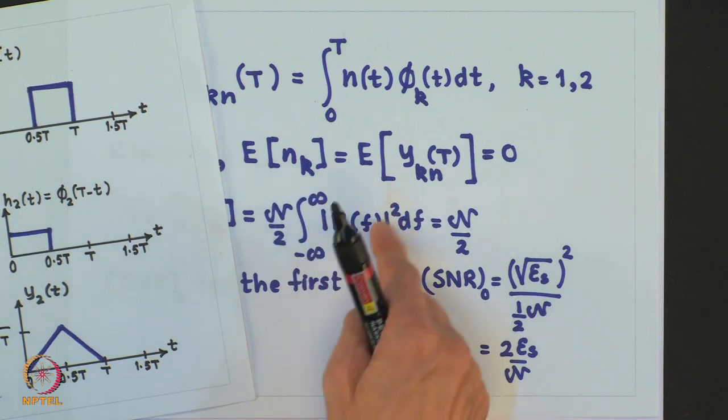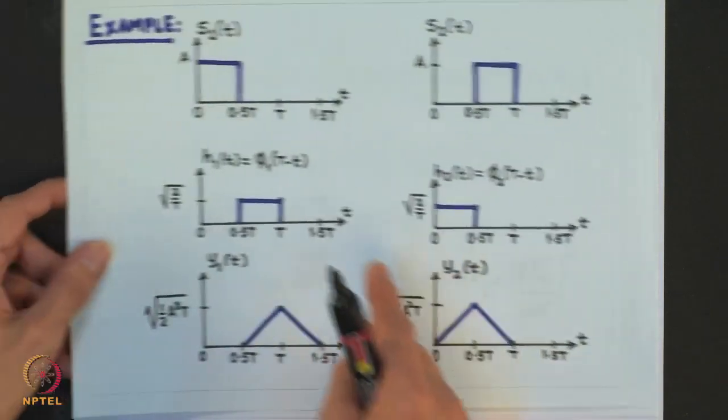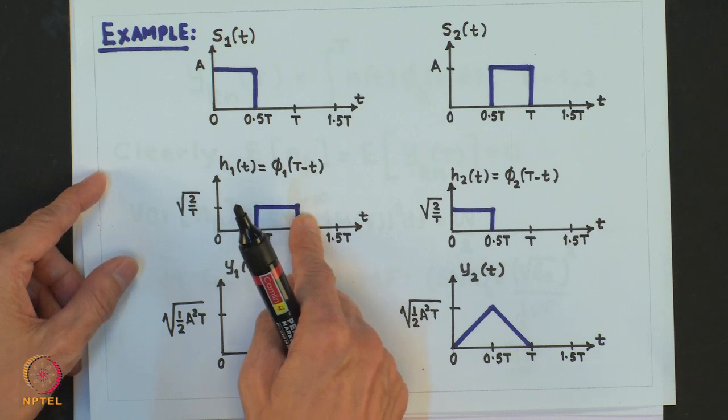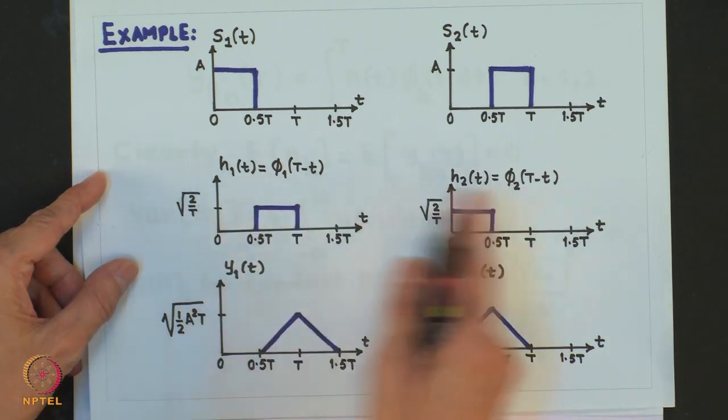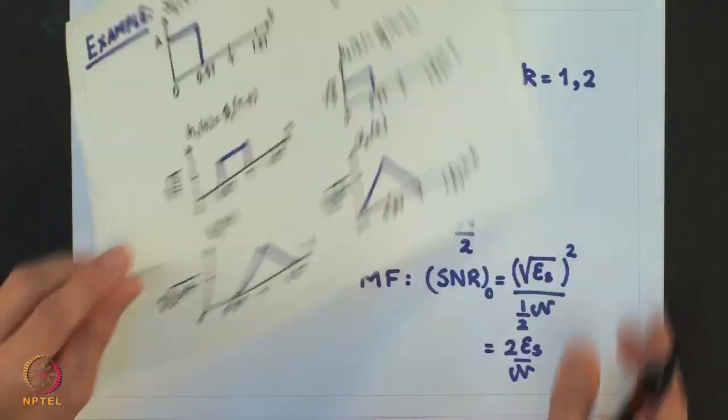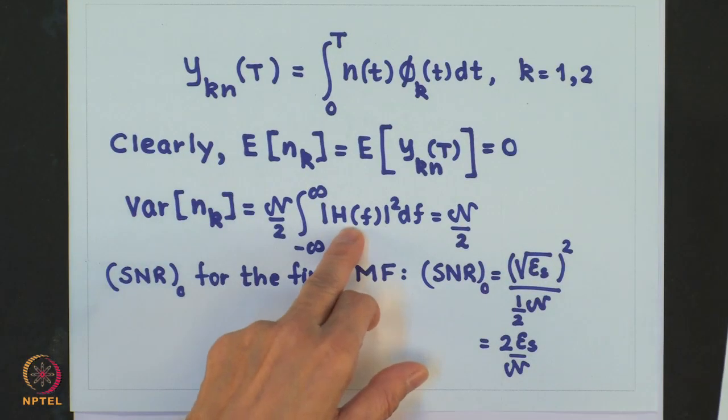You could compute it directly in the frequency domain or in the time domain. We know that the energy of the orthonormal signals is 1, and that is how you get this to be equal to 1.